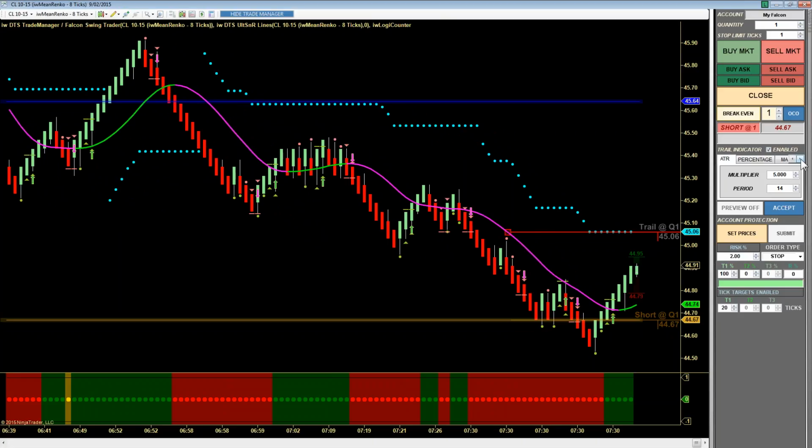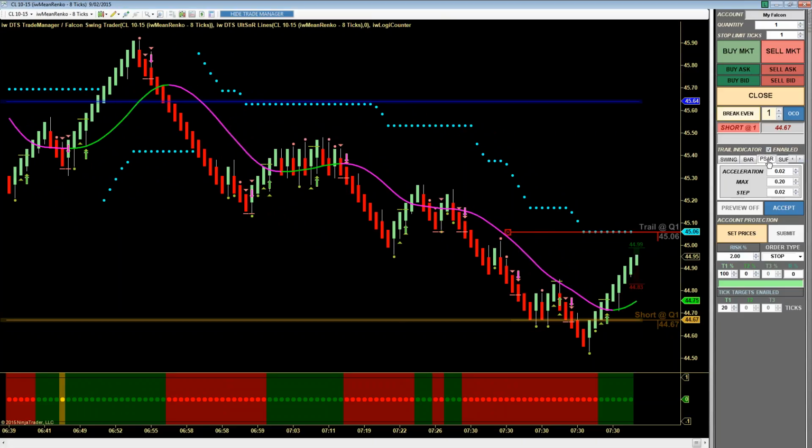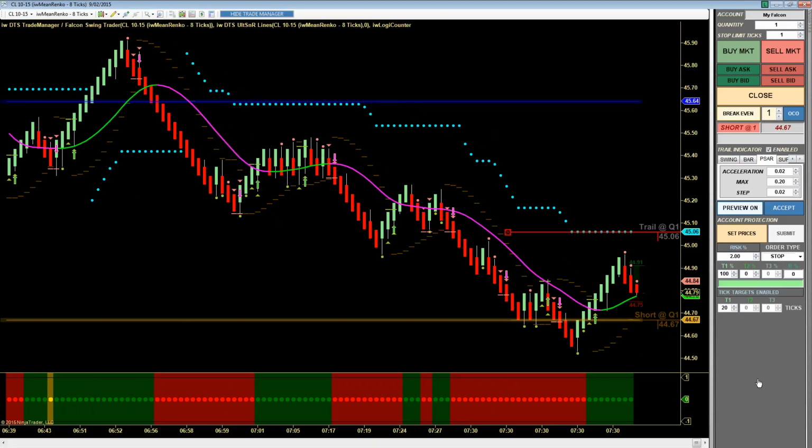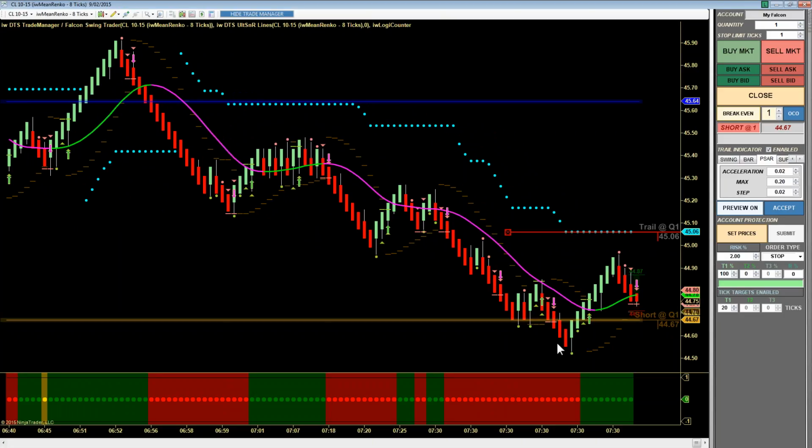Come on. See, had I sold that late filter entry, that would have been a nice little move. Decided to stick with the bracket trade.